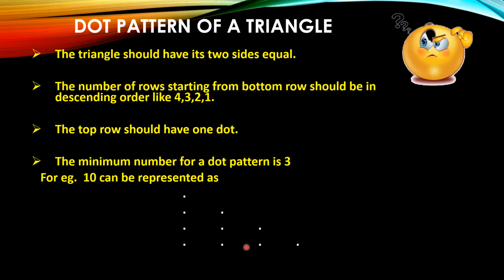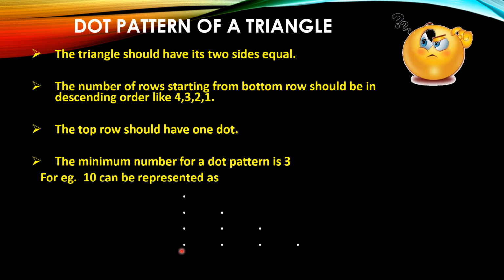If you see this figure where I have represented 10 as a triangle, let us look at these first two conditions. First was a triangle should have two sides equal. See here I have 1 2 3 4, 4 dots, and at the bottom also I have 1 2 3 4, 4 dots, and the slant line also 1 2 3 4. So all the sides are 4.